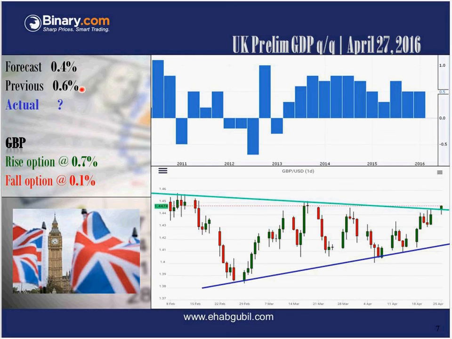However, we will still be looking to trade the release using our after news retracement method. Our surprise or deviation factor is around 0.3%. So we will look to possibly make fall option on the pound at 0.1% or worse, and make rise option at 0.7% or better release.